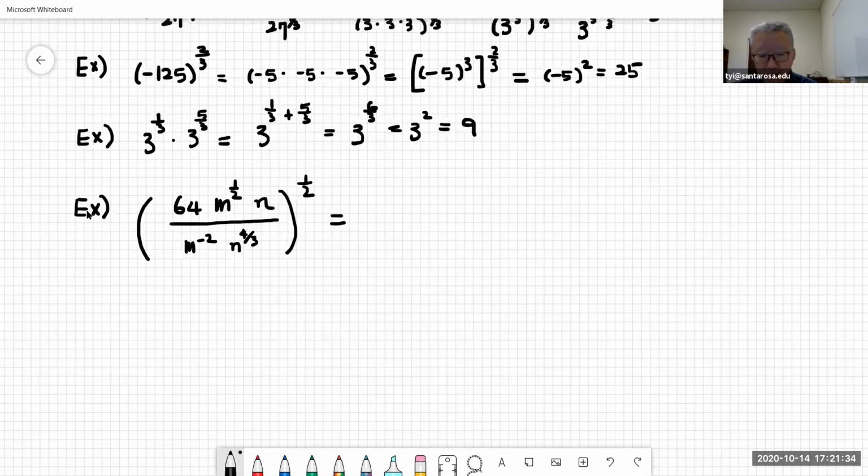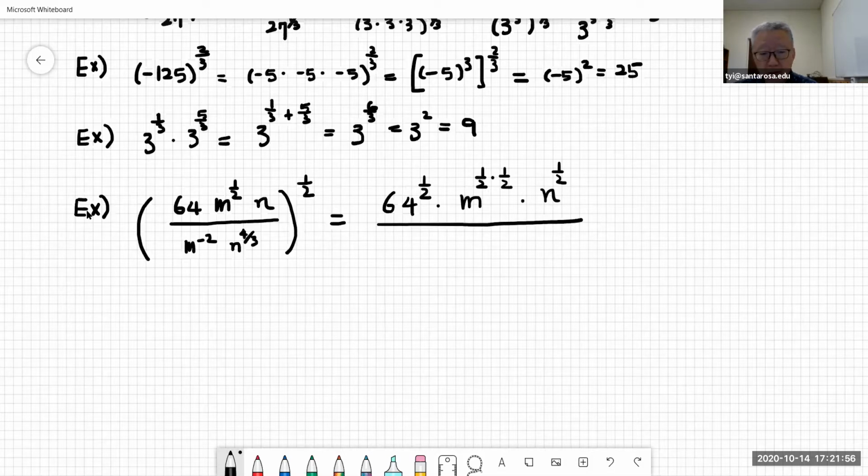We're going to apply that. So first, you got 64, then multiply that by 1/2. You got 64 to the 1/2. Then you got m to the 1/2 times 1/2, then n to the 1 times 1/2. Same thing over here.